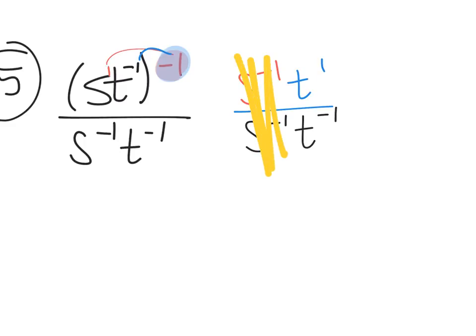And then what happens to this t to the negative first? I can get rid of the negative by moving it to the numerator. So that becomes t to the positive first on top. So how many t's do you have on top? So your answer ends up being t squared. Yep, the answer is t squared.